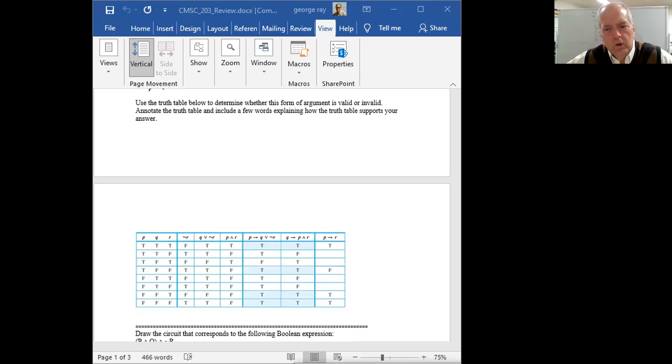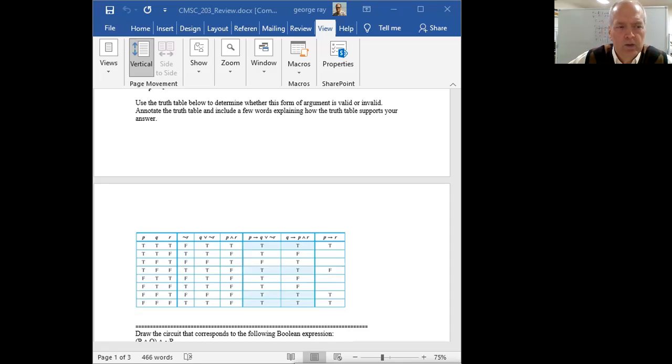Okay, let's take a look at this one. We have our two premises, if P, then Q or not R, and if Q, then P and R. So there's three variables, P, Q, and R, and each one of those has two possibilities.